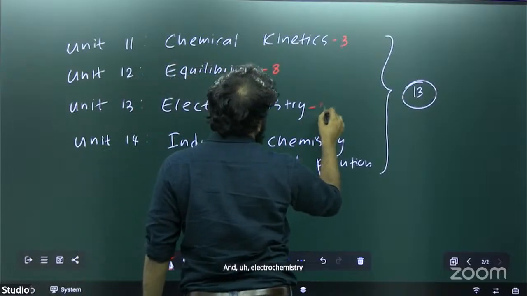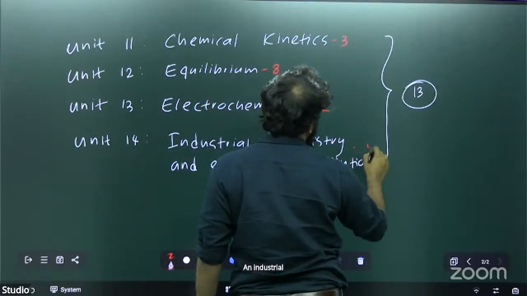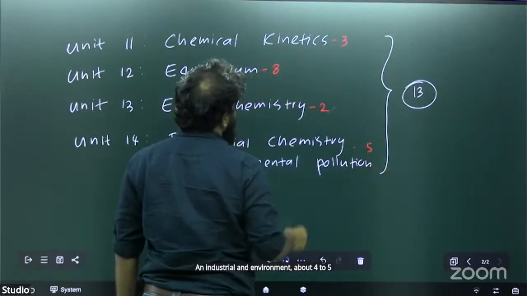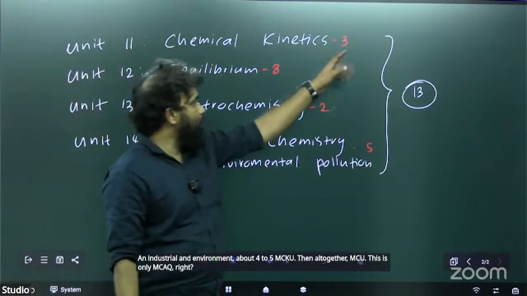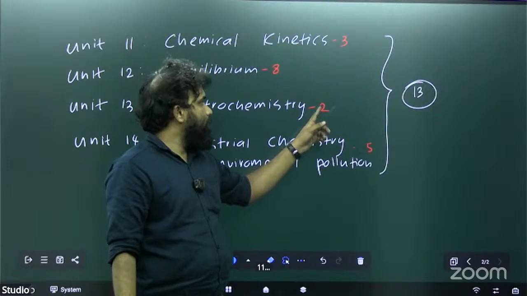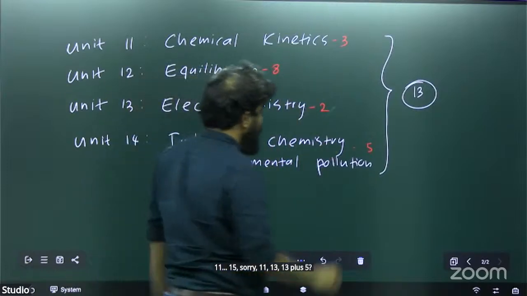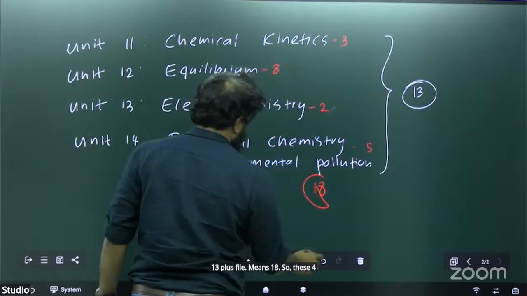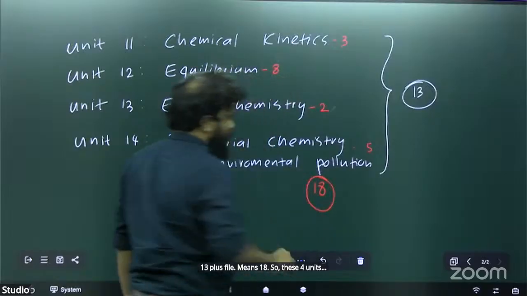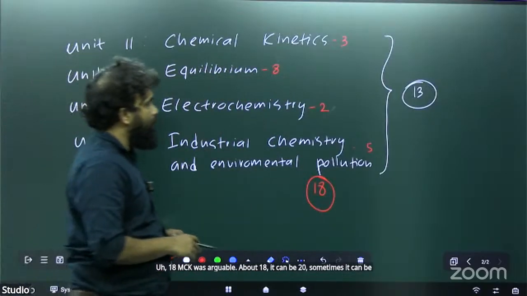Electrochemistry about 2 MCQs, and industrial and environment about 4 to 5 MCQs. Then altogether 13 plus 5 means 18. So in these 4 units, 18 MCQs are given. It can be 20, sometimes it can be 17.